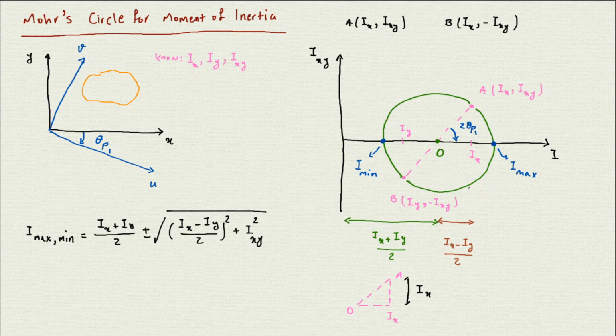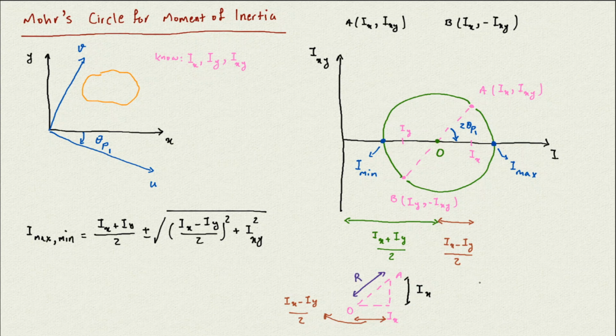The distance from O to Ix, which we calculated here, is Ix minus Iy divided by 2. And OA is the R. So that is the R value.